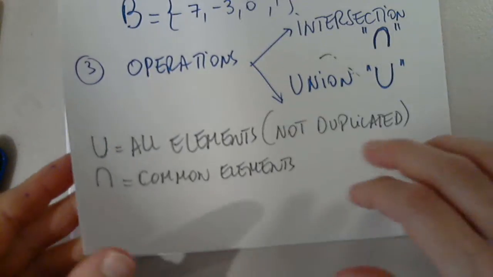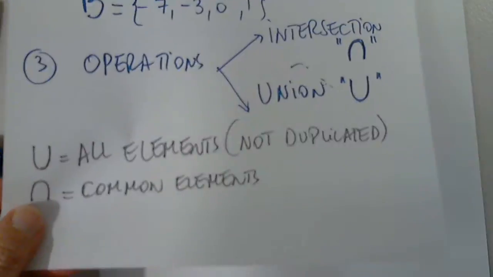Okay, so let's see how we apply this in different situations. Operations with sets and operations with intervals. Let's start with sets. And I'm looking at the problems in section 1.7.